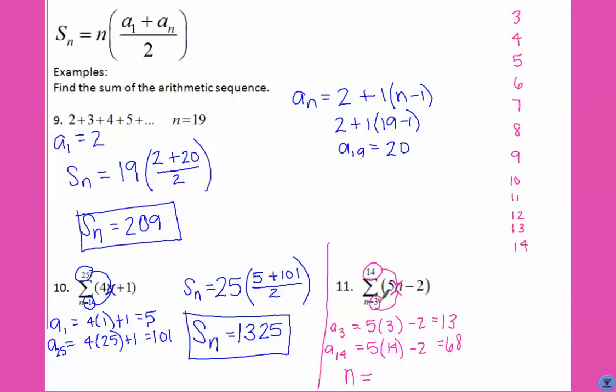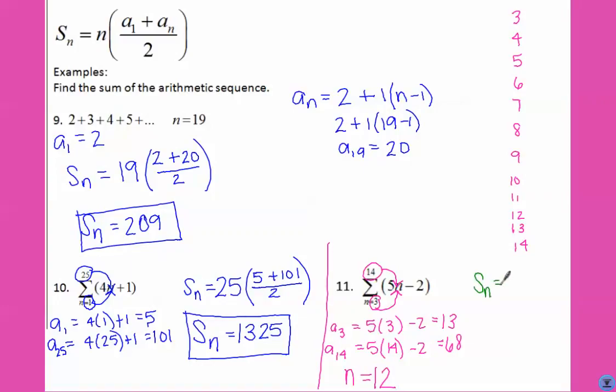Now a lot of people want to say, oh, from 3 to 14, that's 11 spaces. There's 11 terms. But look, there's actually 1, 2, 3, 4, 5, 6, 7, 8, 9, 10, 11, 12 terms. So be very careful about what value you're using for the n when you have n not equal to 1 on the bottom. Now we can plug into our formula.